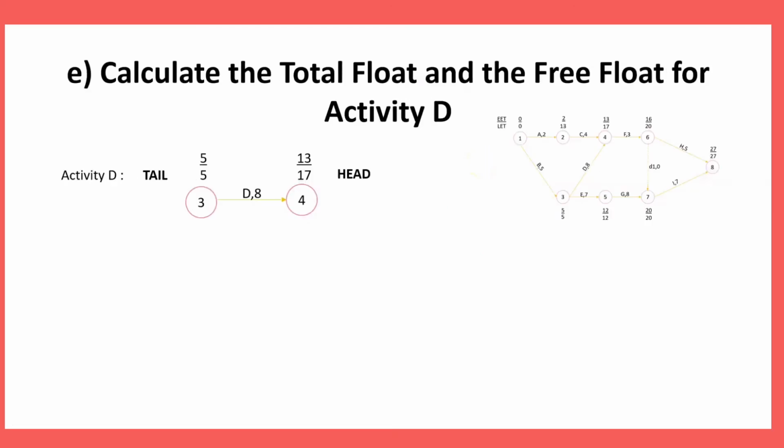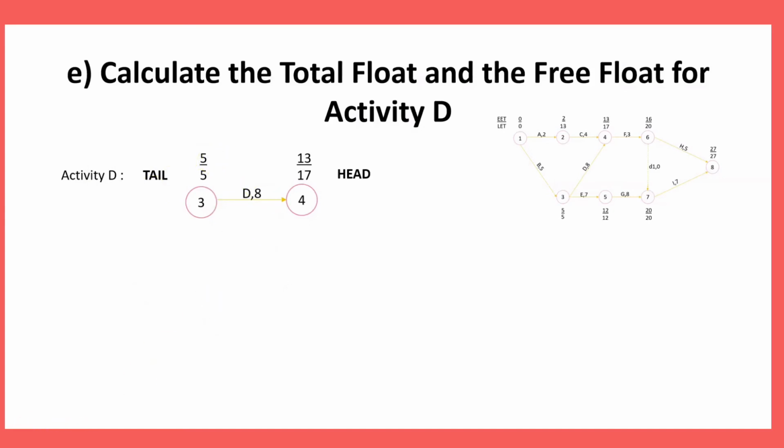Let's move on to question E. Calculate the total float and the free float for activity D. We can refer to activity D in the PERT diagram. D is between node number 3 and node number 4. And we will transfer all the information here as our reference.